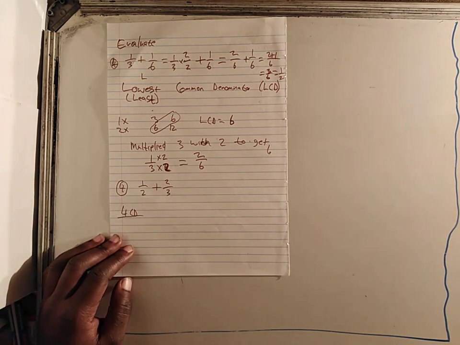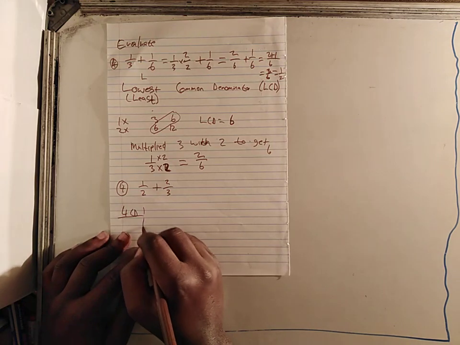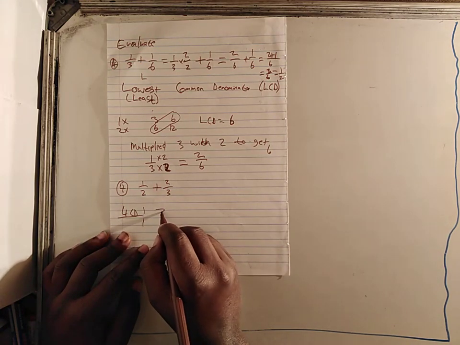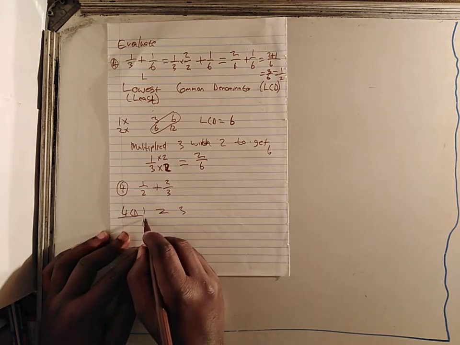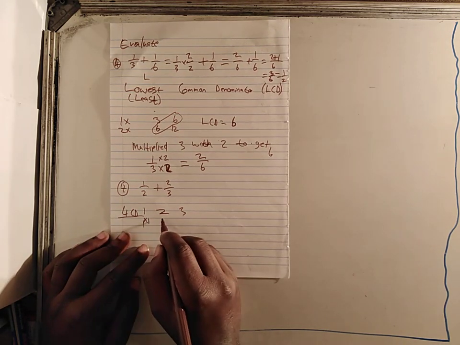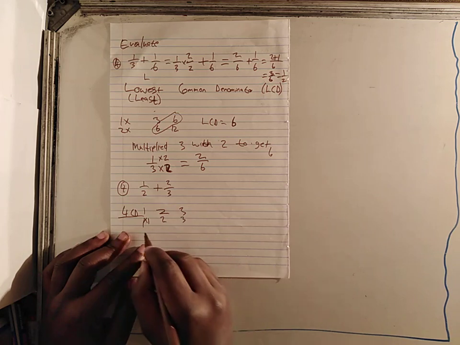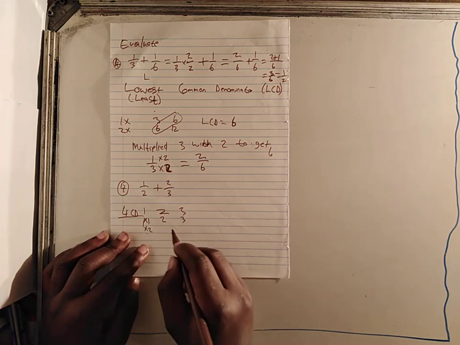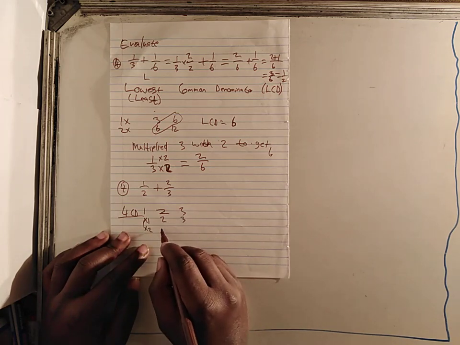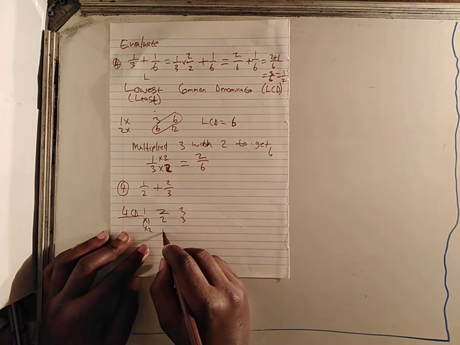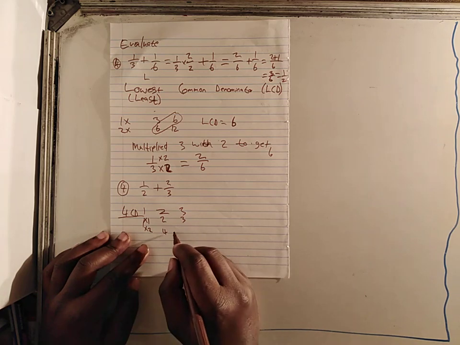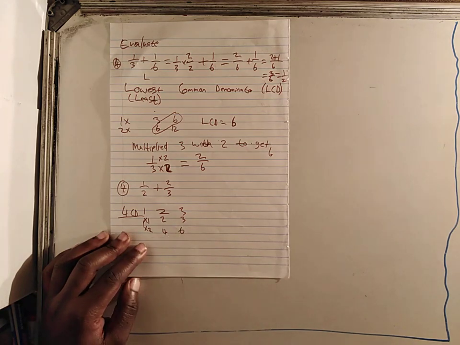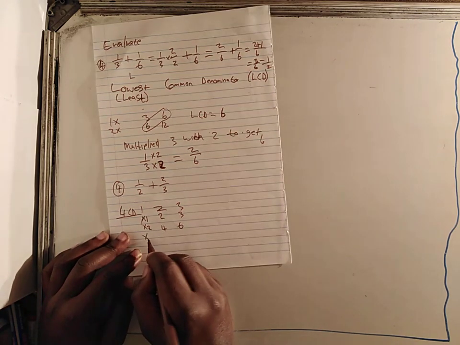How to find an LCD? You will say 2 and 3, times 1, you get 2 and 3. Times 2, you will then get what? 2 times 2 is 4, and 2 times 3 is 6.